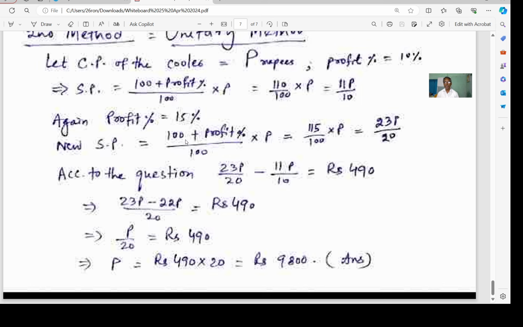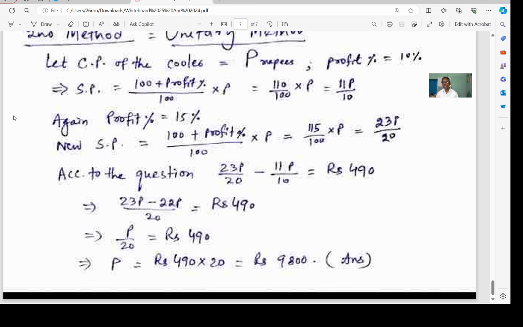Sale price is equal to 115/100 multiplied by P. This is equal to 23P/20. According to the question, 23P/20 minus 11P/10 equal to rupees 490. Implies (23P minus 22P)/20 equal to 490, or P/20 equal to 490, P equal to this.